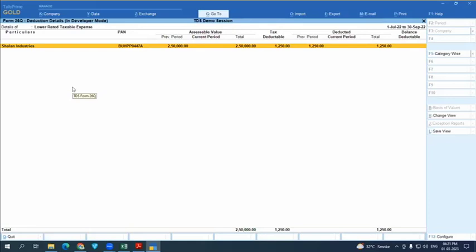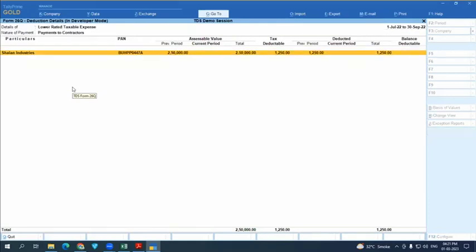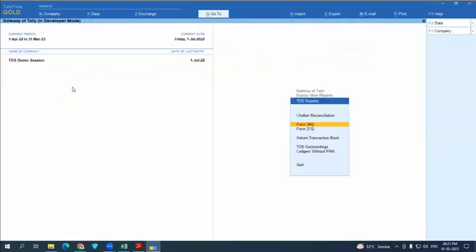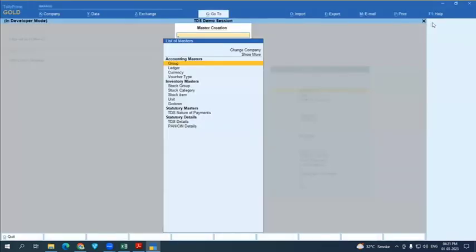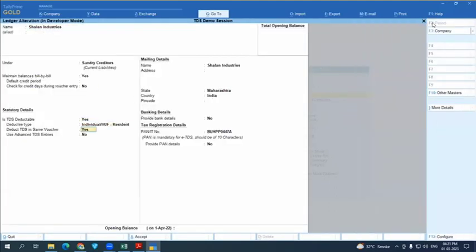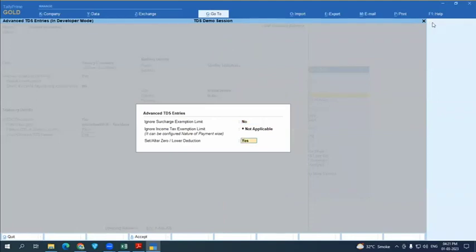Just a minute. That party I have to see. Yes, this party. I have to alter that party and I can show you where you can modify it. See, in the advanced tab, here there is an option.